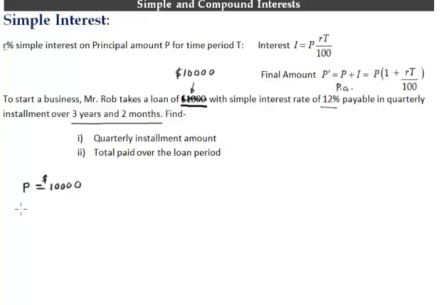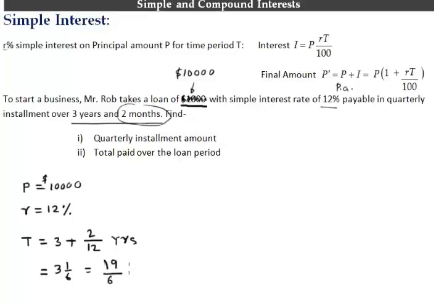Yearly interest rate R is 12%, and total time period, if we consider it in years, will be 3 years and 2/12 years. 3 years and 2 months, we converted these 2 months to 2/12 years. So this is 1/6, so 3 and 1/6, that is 3 times 6 is 18, 19. So 19/6 years.